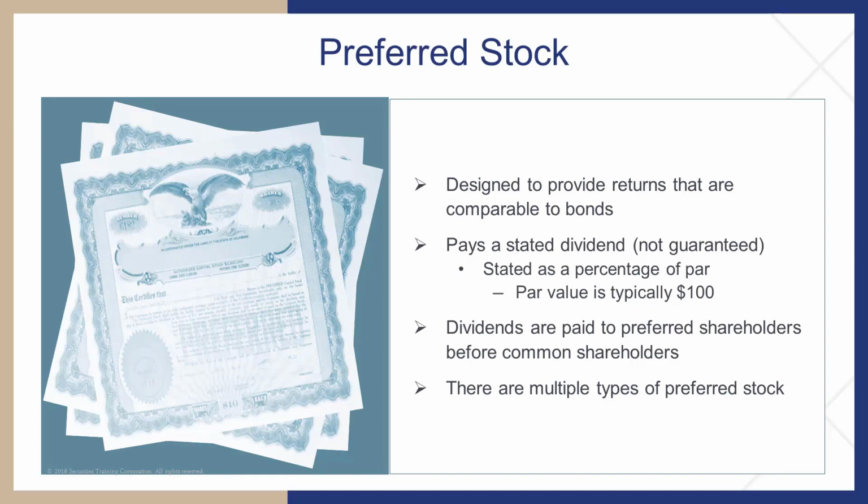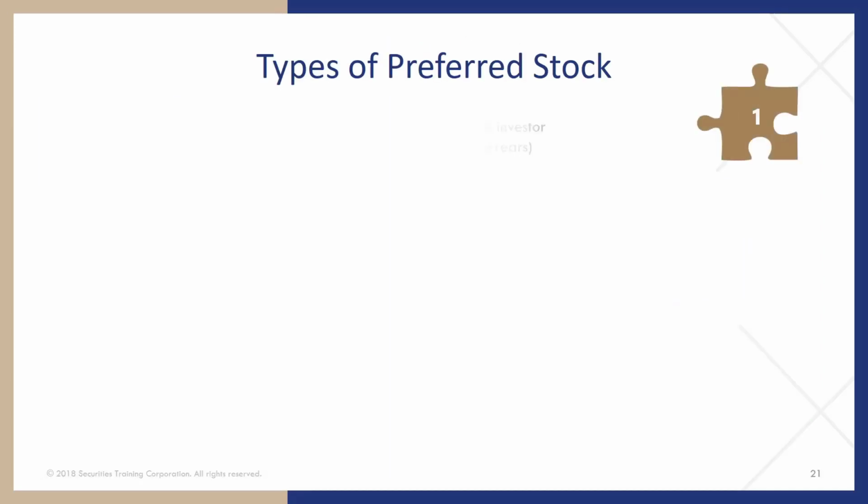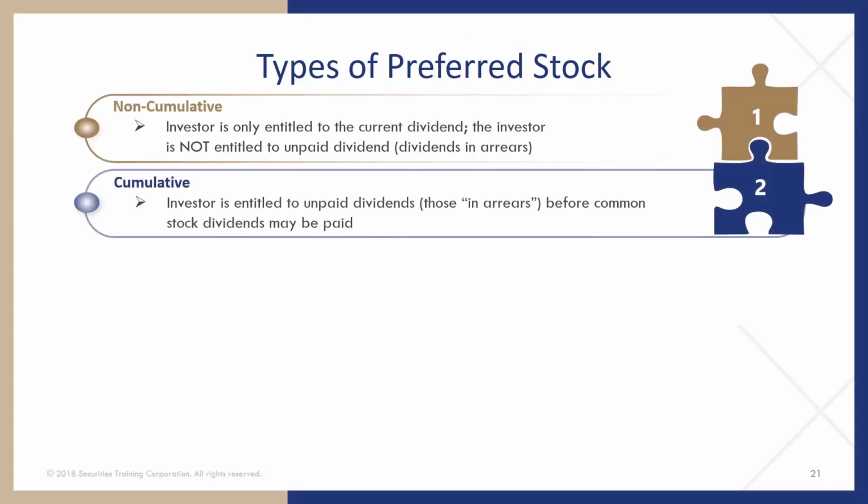Now, there are various types of preferred stock. There's many different classifications of preferred stock, and let's talk about them on the next slide. Non-cumulative or cumulative. And we can put those on together because you either have one or the other. So the question is, if the company that issues the preferred stock cannot pay its dividends, do they or do they not accumulate?